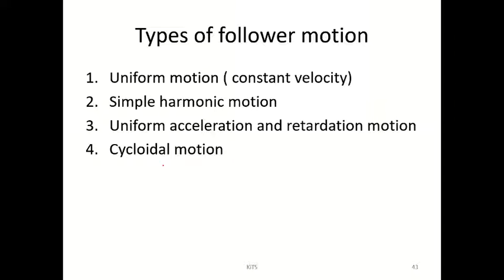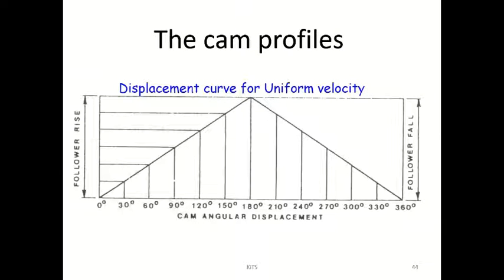Final one, cycloidal motion. Uniform motion and simple harmonic motion are very easy to draw, but uniform acceleration and retardation and cycloidal motion are somewhat hard. First one, uniform velocity, or uniform motion.